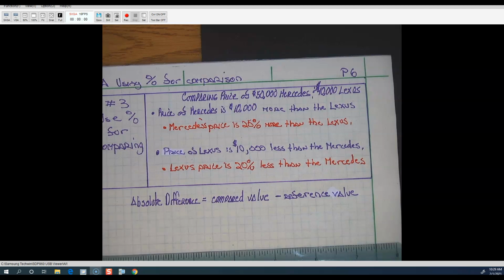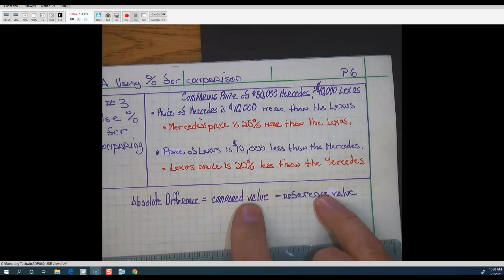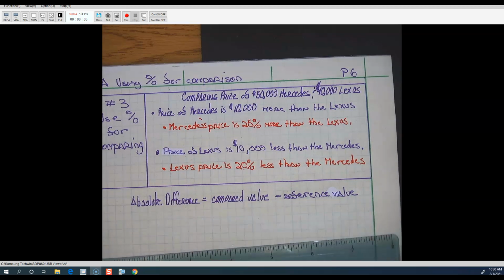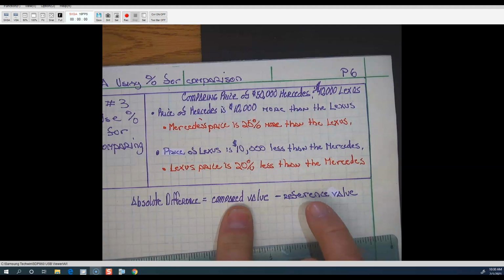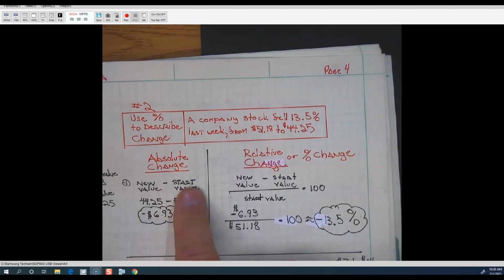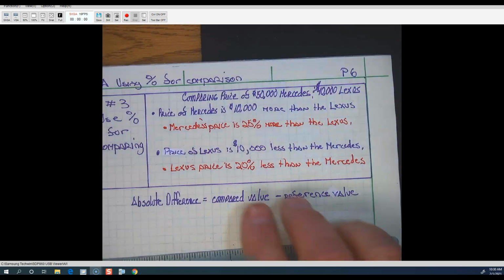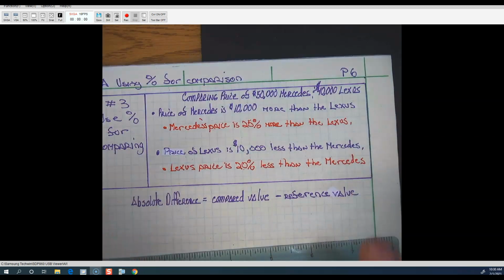Okay. The compared value and the reference value are the same as what we did last week, where we had the new value and the starting value. Just like right here, new minus start. Well, since we're comparing two amounts, it doesn't make sense to use a new value and a starting value because they're two different things.